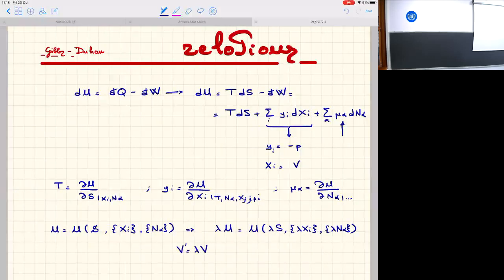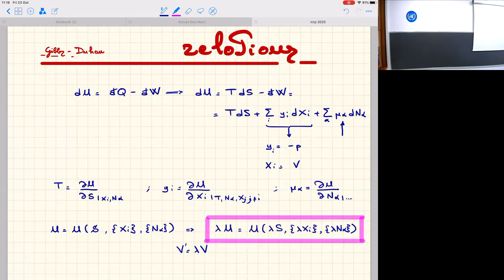now this relation is very important, and it's just a consequence of the fact that these variables are all extensive variables. Okay? It's very important because of the following reasons. Suppose that I take this formula and I take a derivative with respect to lambda. So if I take a derivative of the left-hand side, I get U, right?